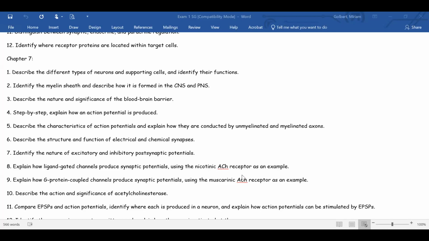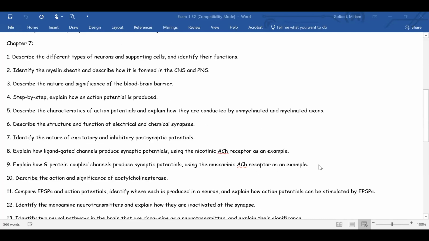We use acetylcholine as an example because we know that acetylcholine can be excitatory, and that is when it attaches to the nicotinic receptor, or it could be inhibitory when it attaches to the muscarinic type of receptor, which is that G-linked protein receptor.